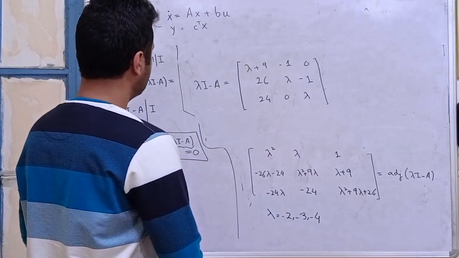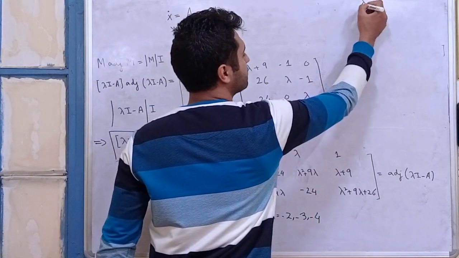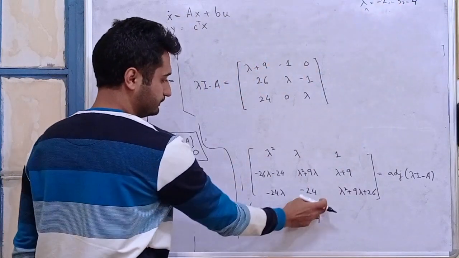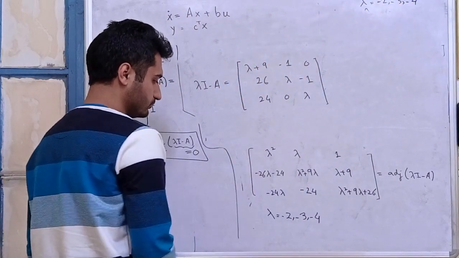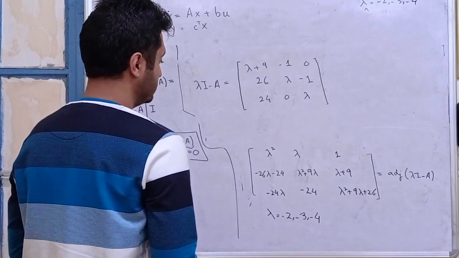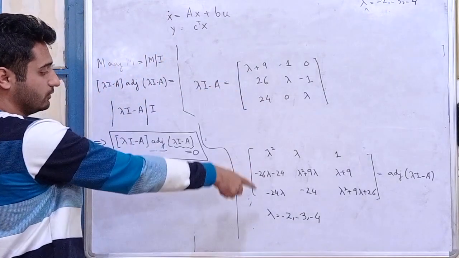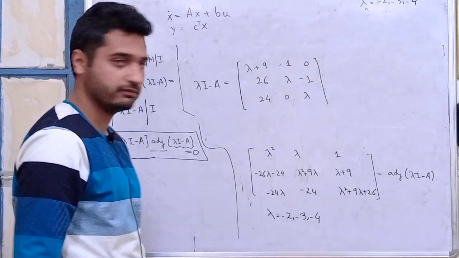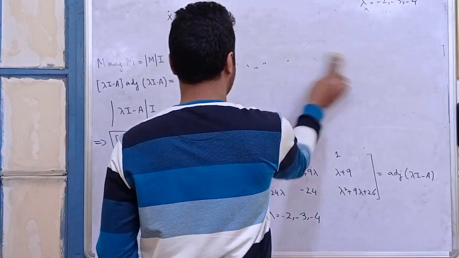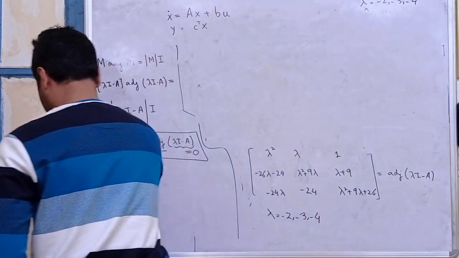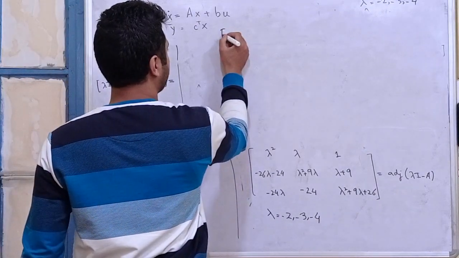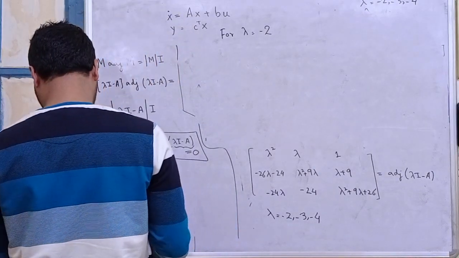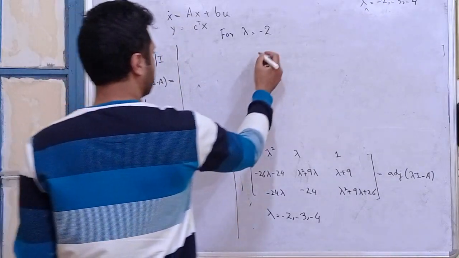If you substitute lambda equal to the first eigenvalue, -2 (then -3 and -4), you will get the adjoint of lambda I minus A corresponding to the first eigenvalue, and that will be used to evaluate the first eigenvector.